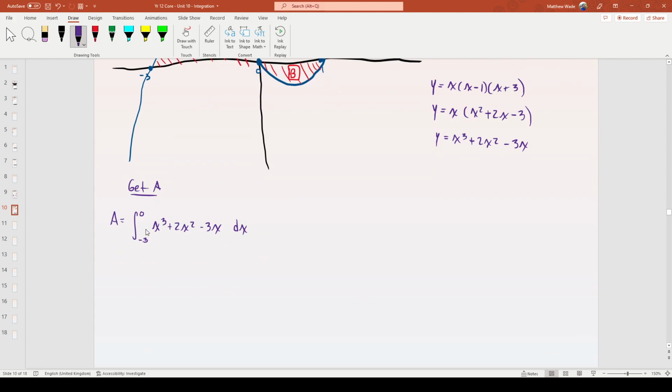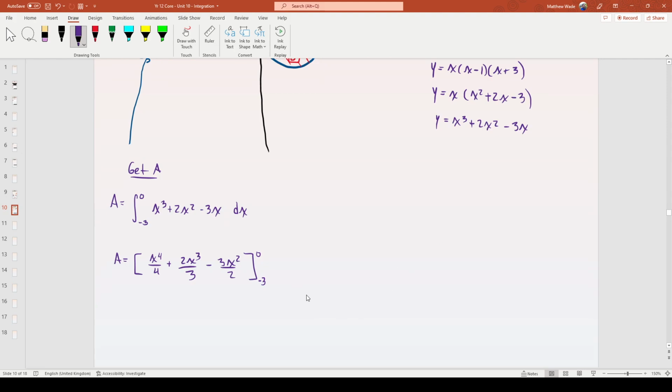Integrate away. Let's do this thing. A equals, and square bracket now, add 1 to the power divided by the new power, plus 2 is chilling, 2x cubed over 3, minus 3 is chilling, x squared over 2, close square bracket, don't need the plus c, we're doing a definite integral, -3 and 0, sweet.